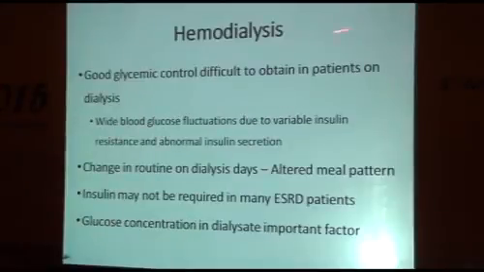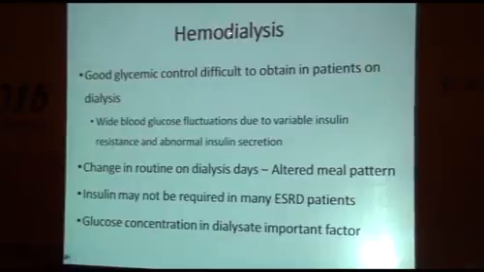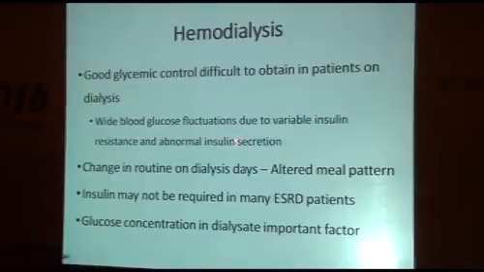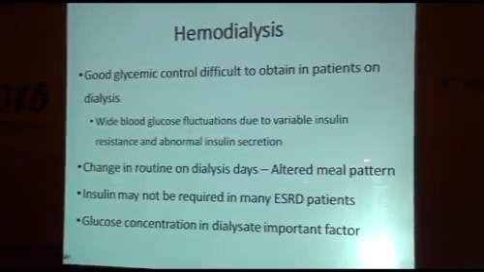When it comes to hemodialysis, in hemodialysis patients also glucose control is very difficult to achieve. This is because of variable insulin resistance and abnormal insulin secretion, and these people will have an altered meal pattern on the dialysis days. In most of these end-stage renal disease patients, insulin may not even be required.